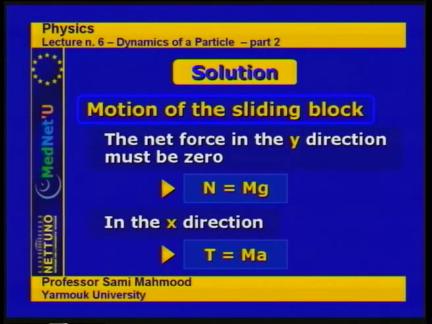In the x direction, however, there is only one force acting, which is the tension. Thus, the tension in the cord, which is the total force acting on the sliding block in the x direction, is simply equal to its mass, capital M, times its acceleration towards the right. So that's the equation that represents the motion along the x direction.